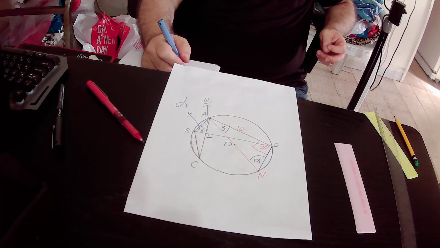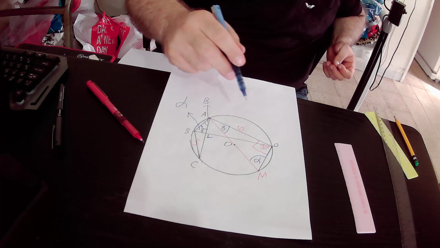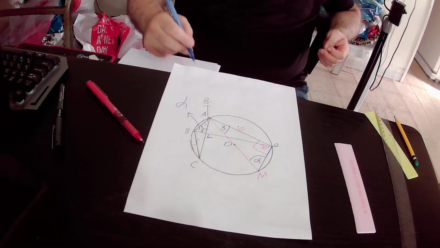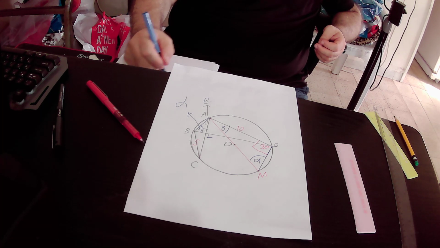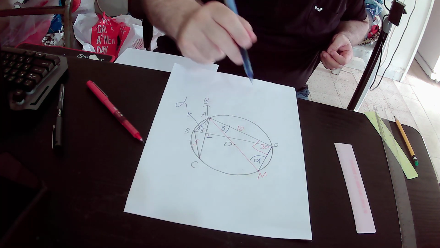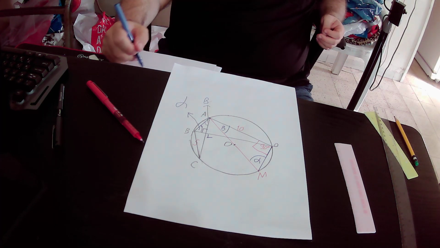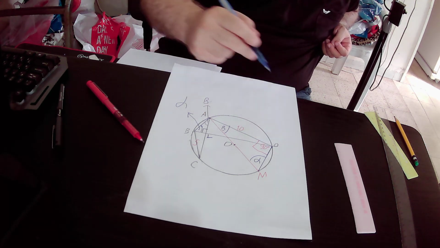While peripheral angle MAD also equals beta, and it rests on chord MD.